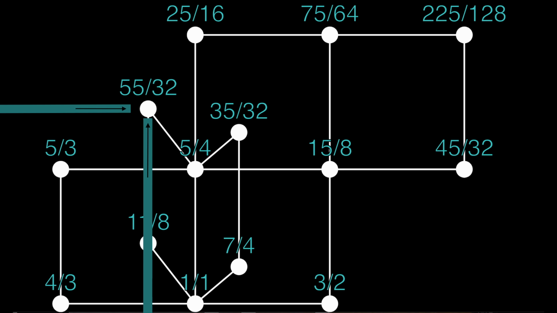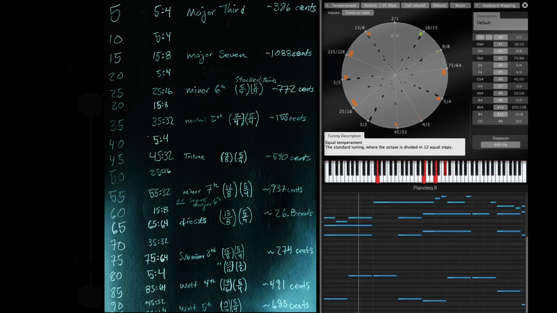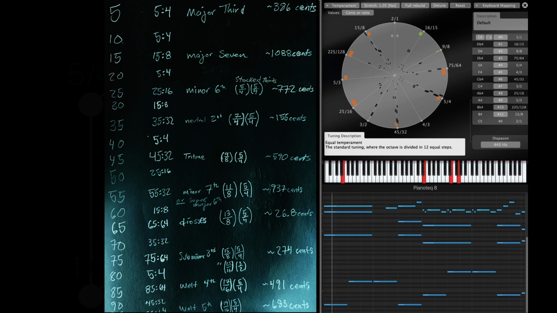And by now you've caught on to the pattern. We are just adding a major third to each partial and running the prime series through our combination of a major third.